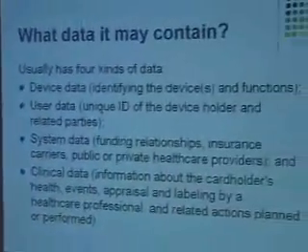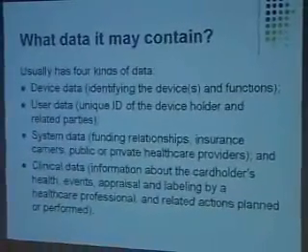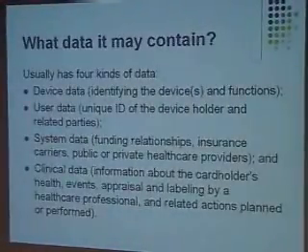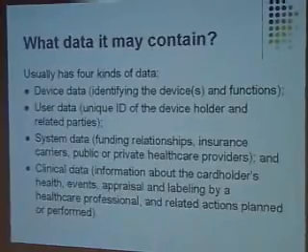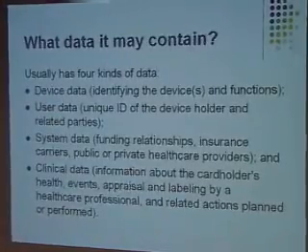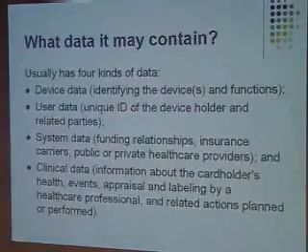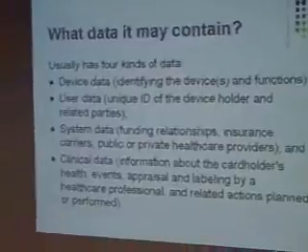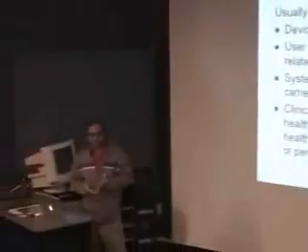What kind of data does it have? Because it is meant for an individual, first, of course, it has the device data. Then you have who the carrier is, basically who the user is in terms of his or her ID and other things, like who's the closest relative, addresses and so on. Then you have system data, which is mostly to do with funding, like insurance information.